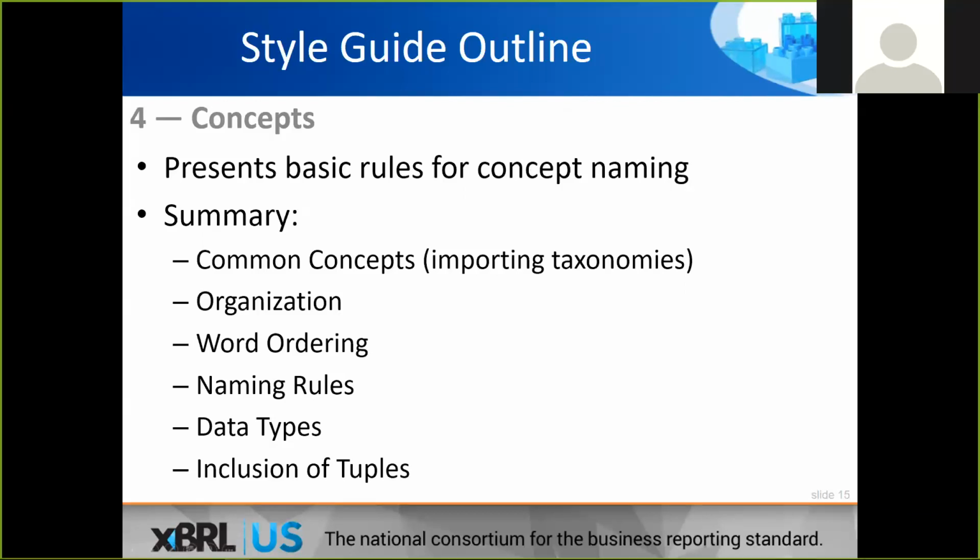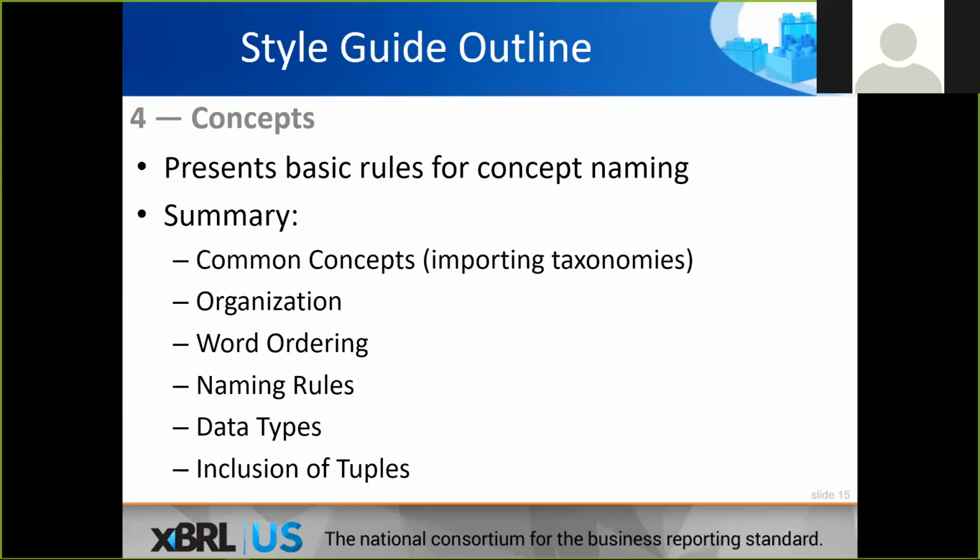Then we talk about organization, word ordering. We actually had a lot of discussion about word ordering. In UGT, there are a lot of different ways that things are ordered, like the way assets are represented, whether they're current or not current, and how that gets put together in the concept name.